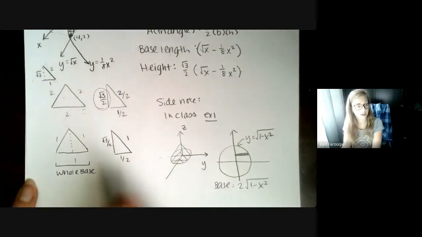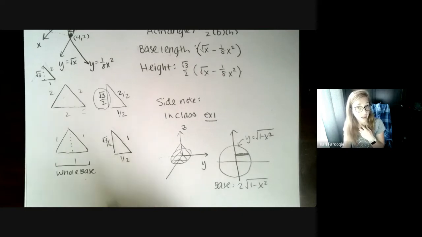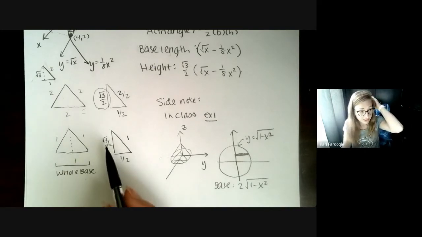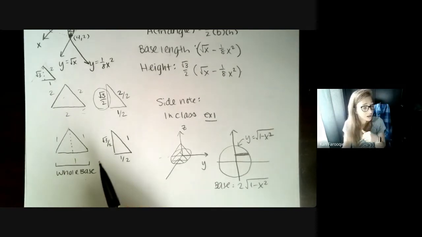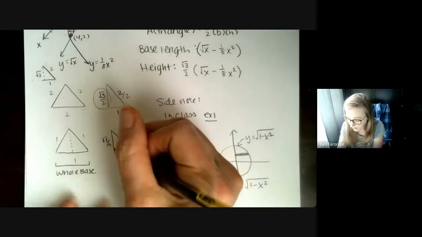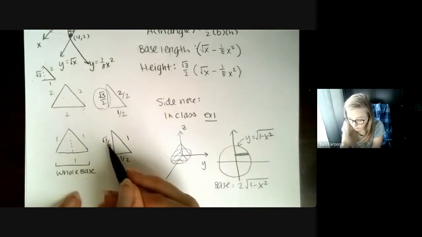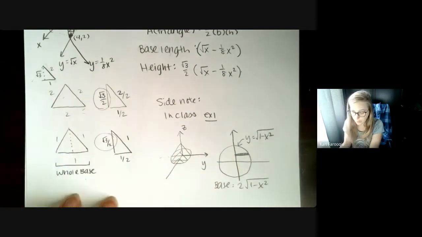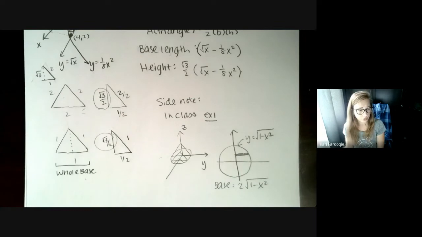And then if I just need to find the height of the triangle, I can take it in half and solve for the missing leg length using the Pythagorean theorem. And then in that case, I'm just taking that base and multiplying it by root 3 over 2. So it was really just a matter of what worked best for us.